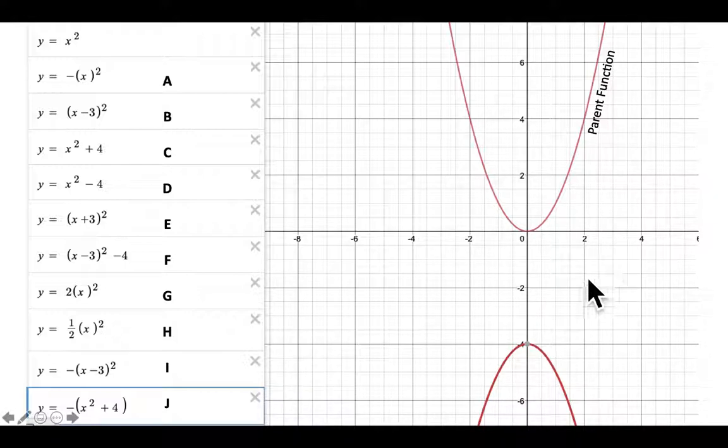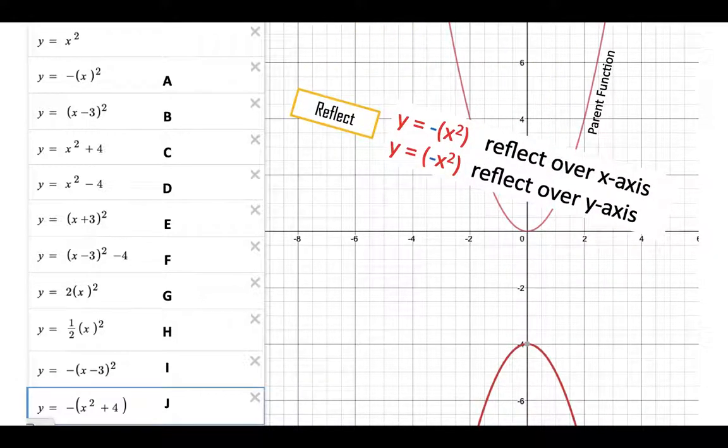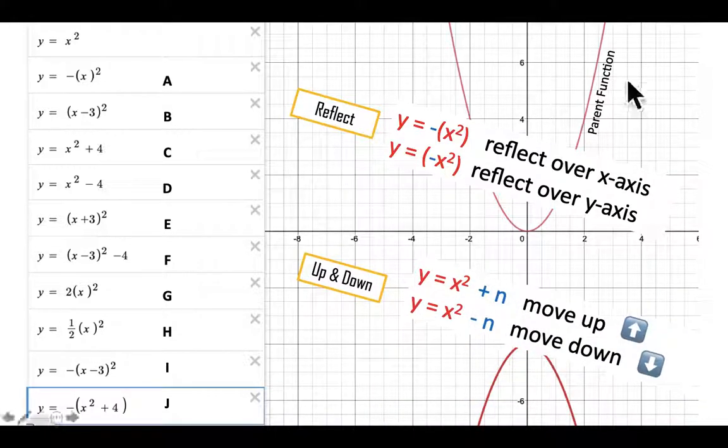Then here's another one that has had two things happen. So this has moved, and it has also flipped. But let's be careful, because if we pay attention to this, this actually moved upward and then reflected. So in this case, we had an x squared plus n to move up this way, and then it reflected.